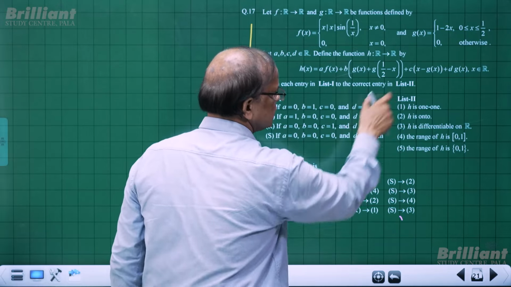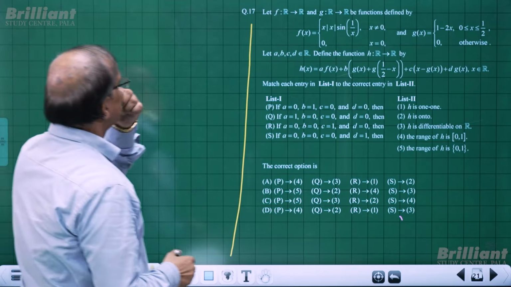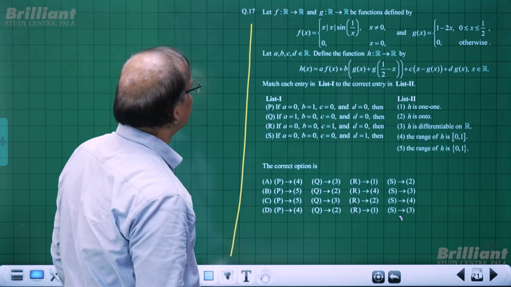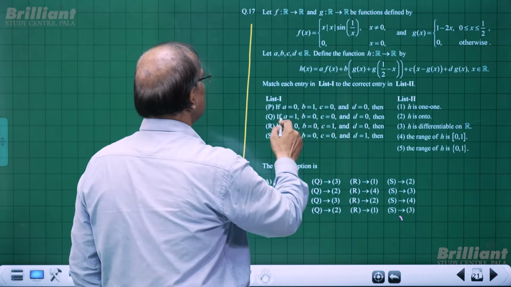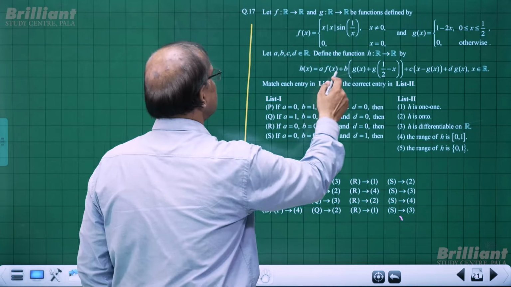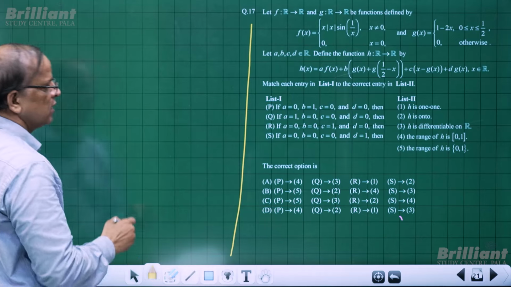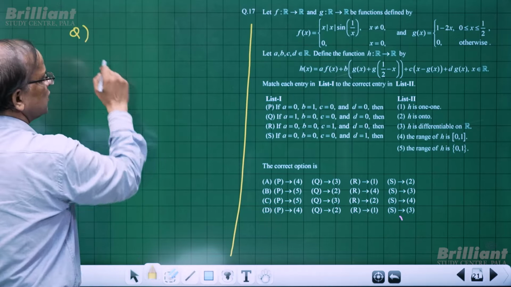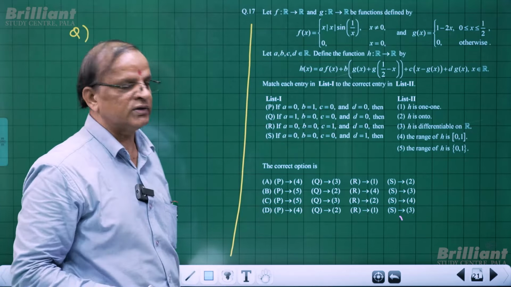For options A, B, C we have to check the values. So, we will take Q, A1 to B0, H is equal to Fx. Q I am taking, solving Q. So, A1, B0 is C0, so Hx is equal to Fx.